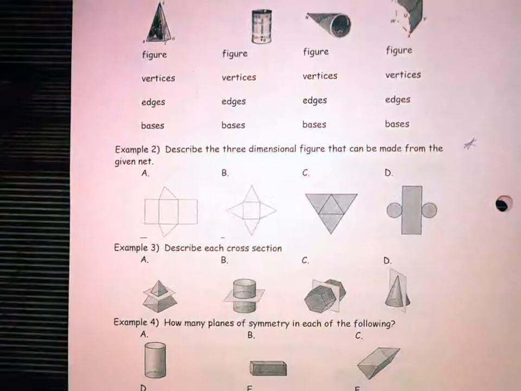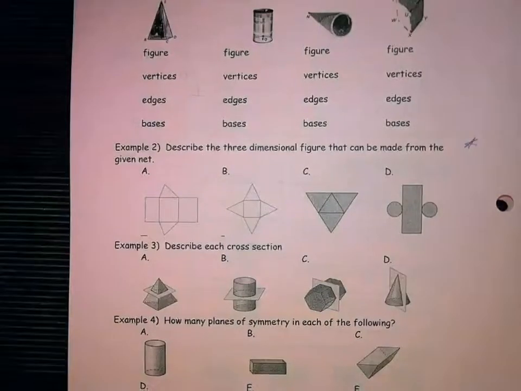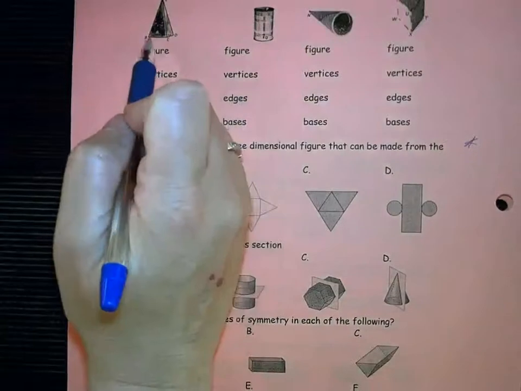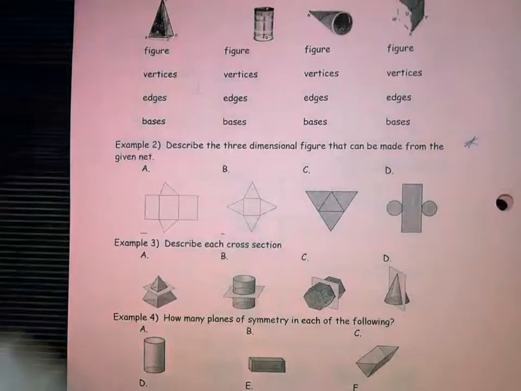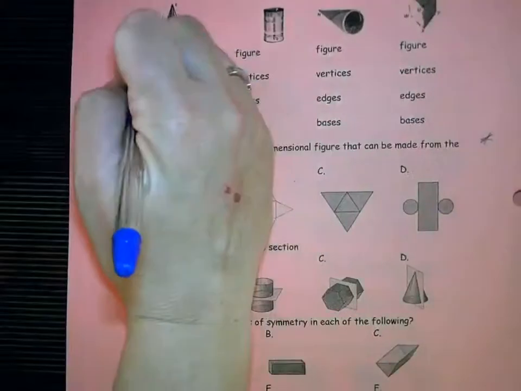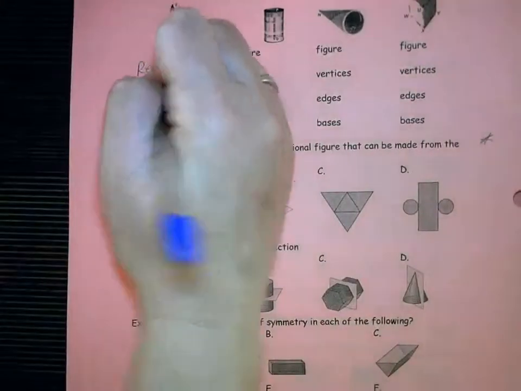At the top of the next page, we're going to be asked to classify the figure and then name the vertices, edges, and bases. This one right here, your base is a rectangle. So that is a rectangular pyramid.